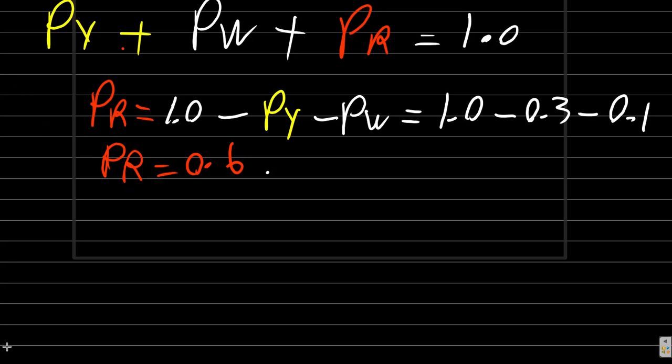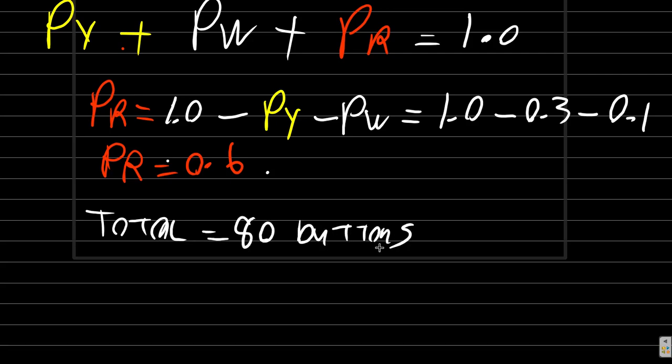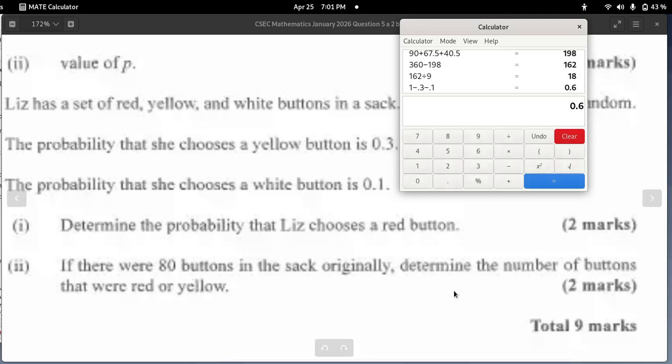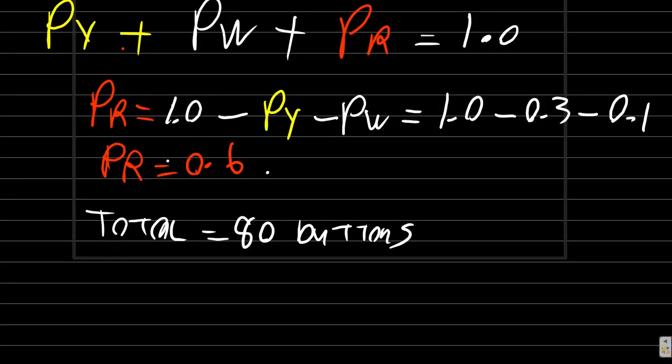So you have a total of 80 buttons in the sack. How many buttons were red or yellow?